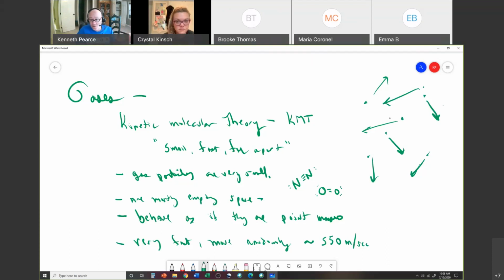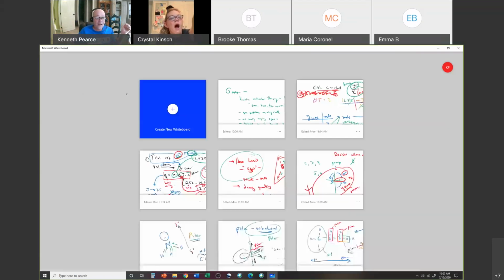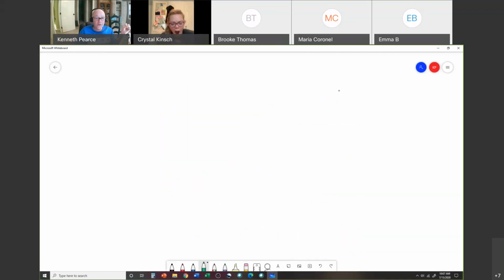Since they're moving randomly, you don't feel this 550 meters per second wind. That's about the speed of sound. So they're moving randomly. Okay, so that's KMT, kinetic molecular theory.